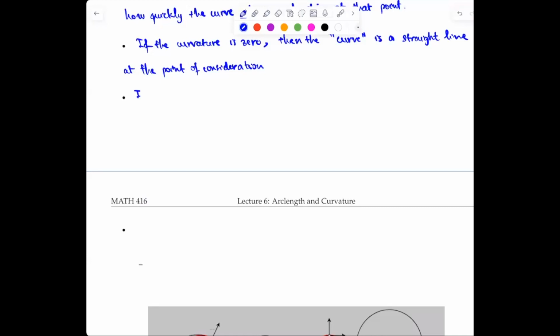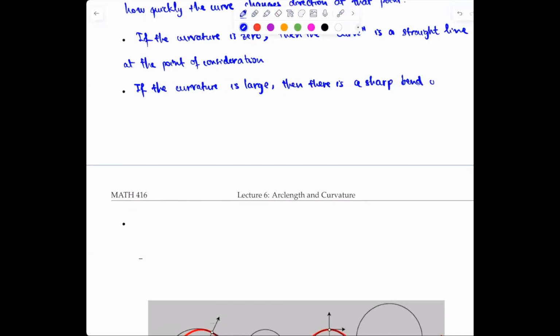So if the curvature is large, then there is a sharp bend on the curve at the point of consideration.